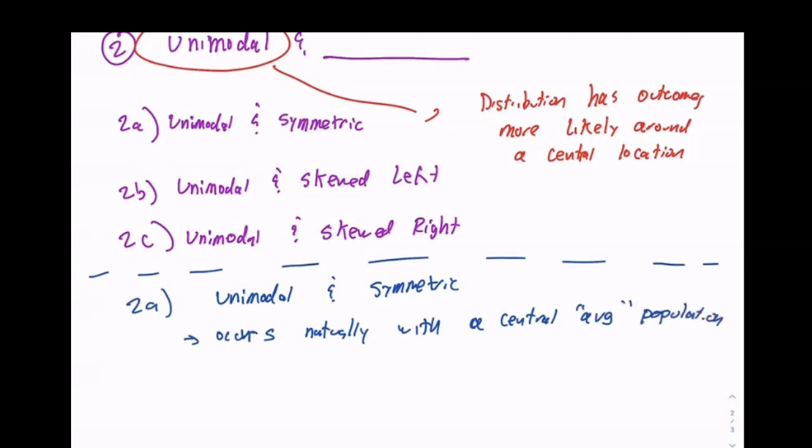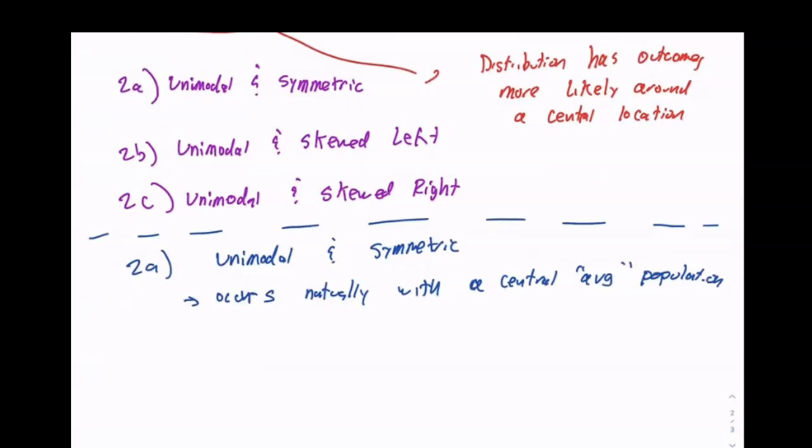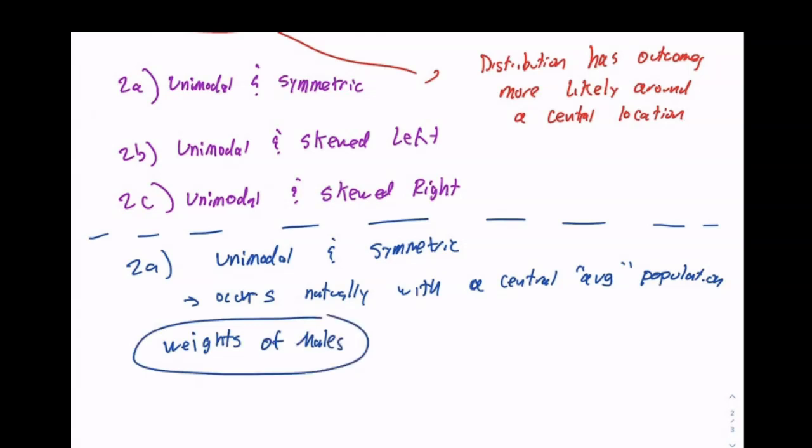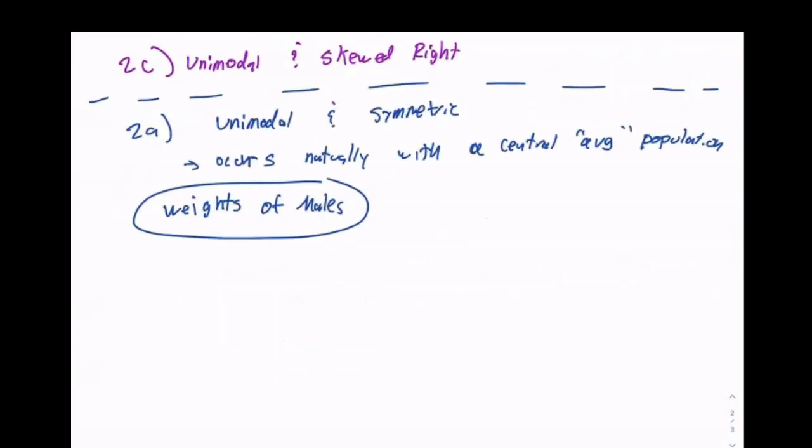So, for example, we can talk about weights of males. We're talking about weights of males. Most males, now, there are males who weigh very little. There are males who weigh quite a bit. Okay, same thing with females, but I'm focusing on males only.